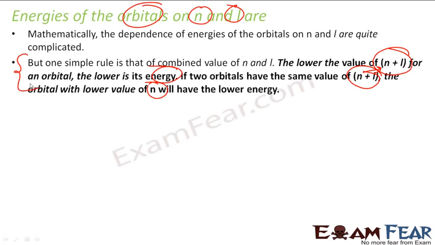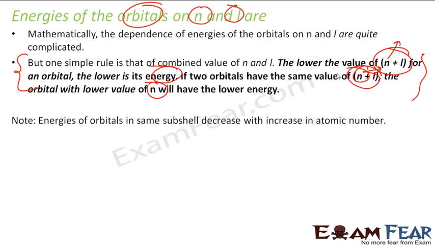It's a simple rule which we have given, but this rule is not 100% correct, but it works in most of the cases. Because we don't want to deal with all the complexity in this class, it will be too much for us to absorb now. So we'll just use this formula, n plus l, lower the value, lower is the energy. If there is a conflict, we'll take the one with lower value of n to have lower energy.